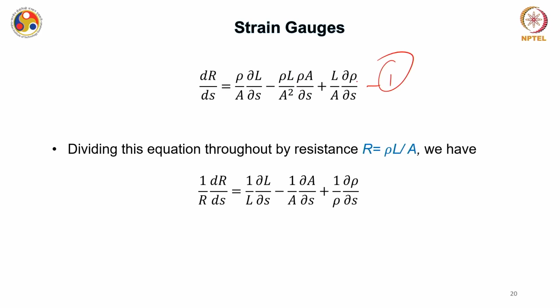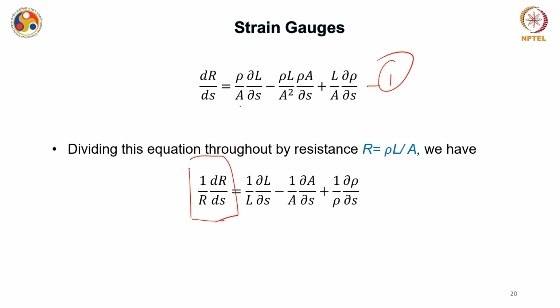Now, if I divide this equation throughout by the resistance R, which was rho L by A, in the LHS you have 1 by R dR by dS.